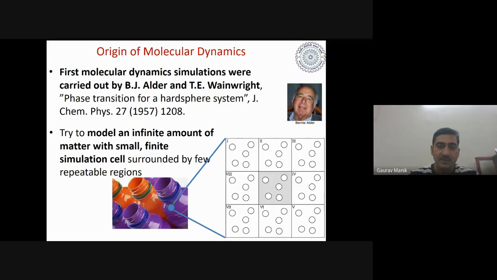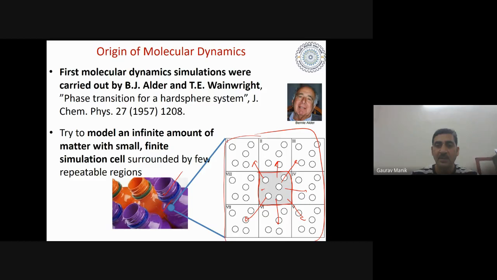For instance, this PET bottle that you have, a small piece of the material might have millions and billions of atoms, but can you represent that small piece of material using a set of simulation cells, which is primarily the central simulation cell, but which is repeated by similar cells around it?